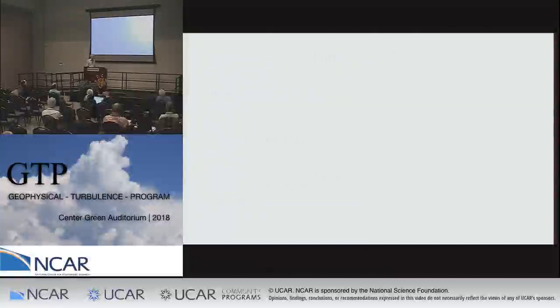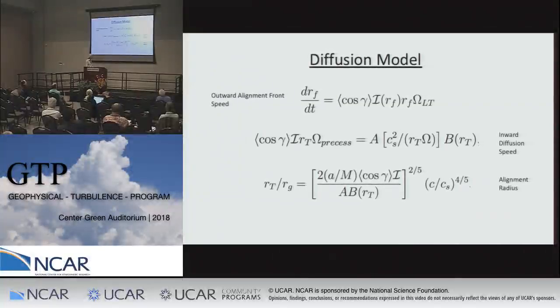So we constructed basically a diffusion model by considering the velocity of the outward going alignment front, which is basically proportional to a velocity that you make out of the Lense-Thirring precession rate, so r Ω_precess.